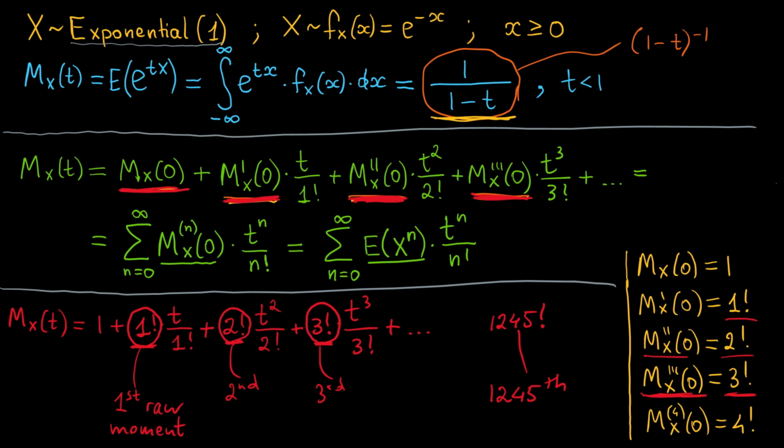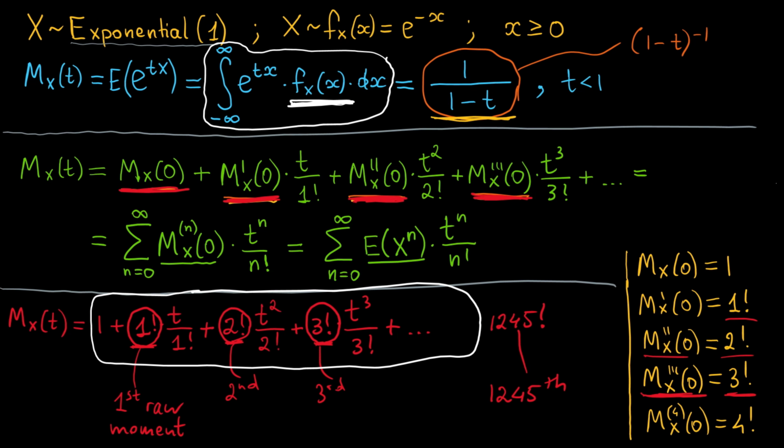From the definition of the moment generating function, we know that it is this expression. It's an integral, and the PDF of the random variable enters this integral, right? And on the other hand, we have shown that the moment generating function can be represented using the Maclaurin sequence as an infinite sum of terms, and from these terms we can read off the moments.